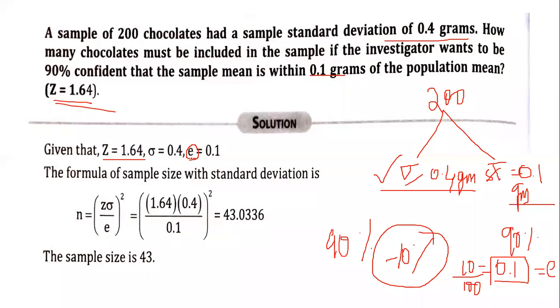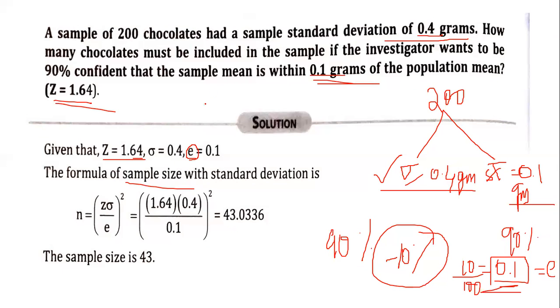Now we have a formula to find the sample size. That is n equals Z into standard deviation divided by standard error, whole square. Let us apply all the values. We know the Z value is 1.64, the standard deviation is 0.4, so 1.64 into 0.4 divided by the standard error, 0.1.